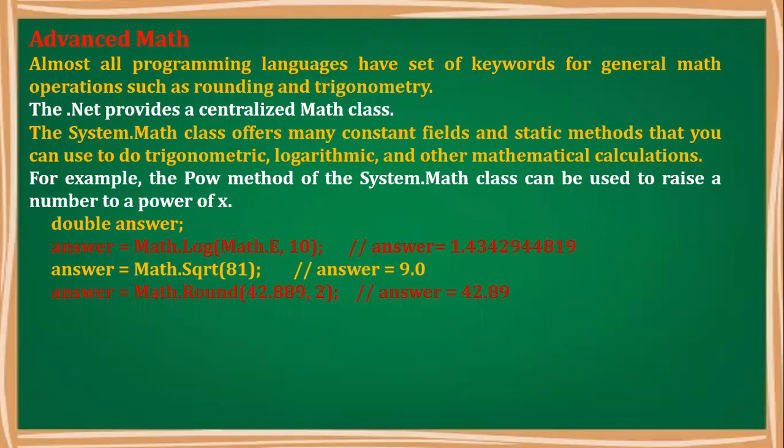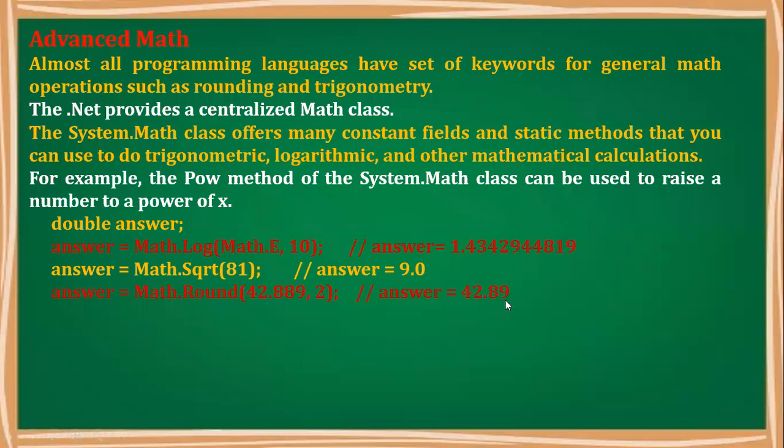So obviously 42.889, comma, and the second parameter in Round is up to what number of decimal places you want the value. The answer is supposed to be 42.88?